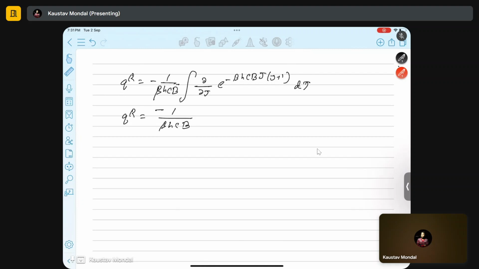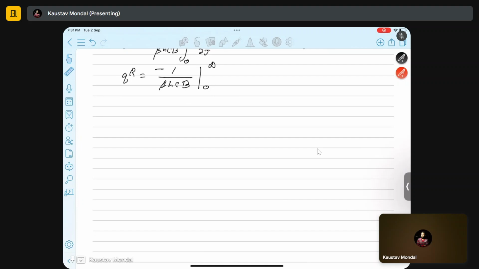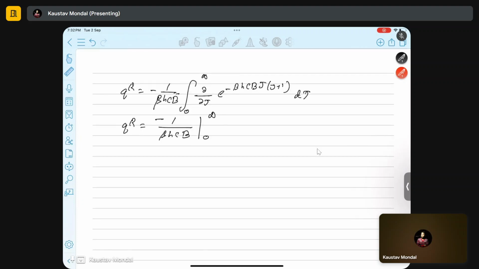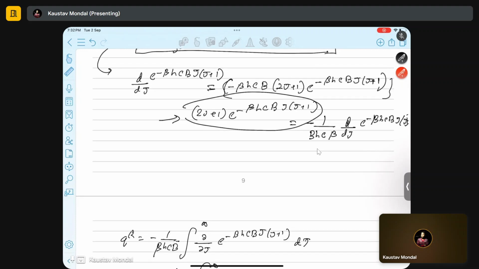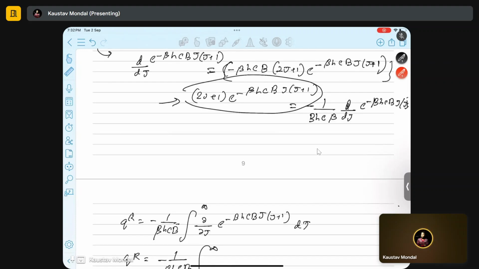Now from here, okay, the integration limits run from 0 to infinity. So Q_R is minus 1 by beta HCB into the summation from 0 to infinity, and instead of this derivative term we can write this e to the power term directly.